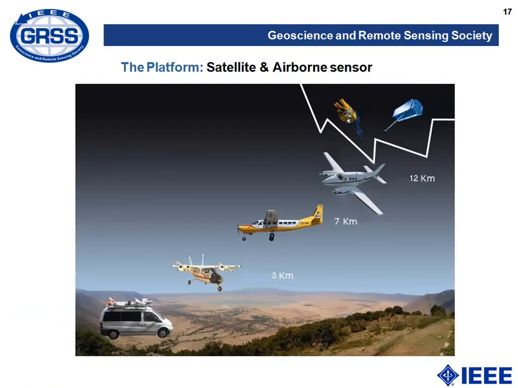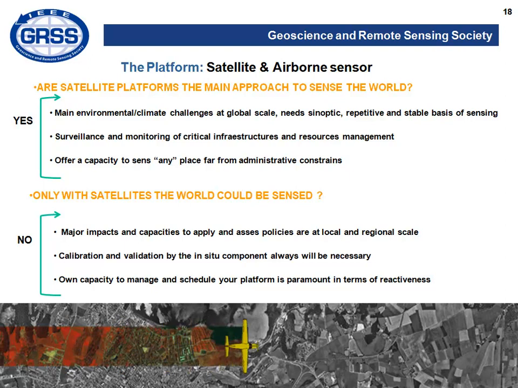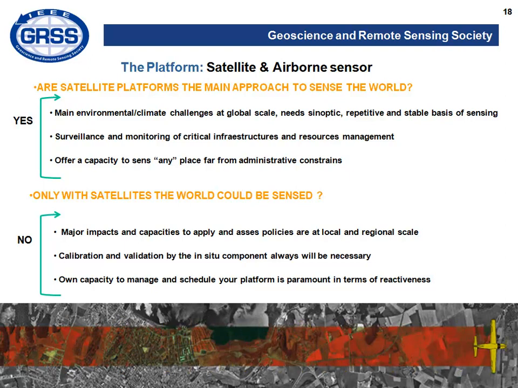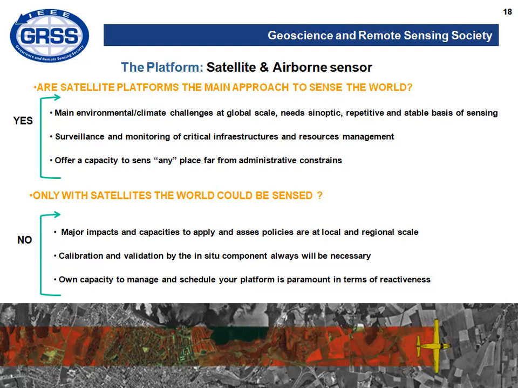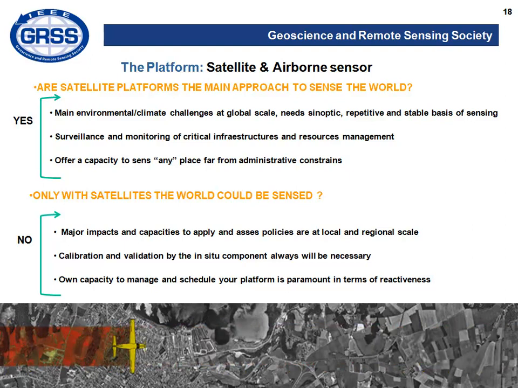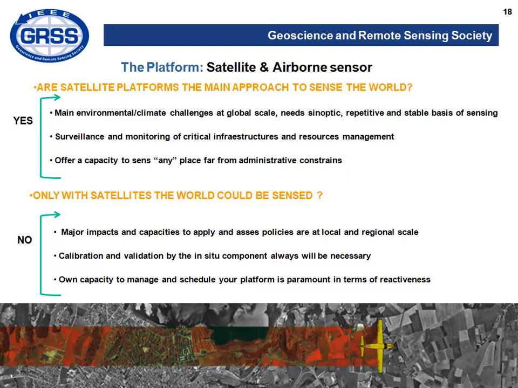Just to end part 1, some words about the discussion of satellite or airborne sensors as Earth observation tools. Maybe a good approach to discuss this point is to answer these two questions.